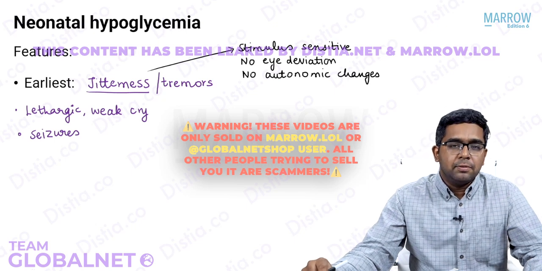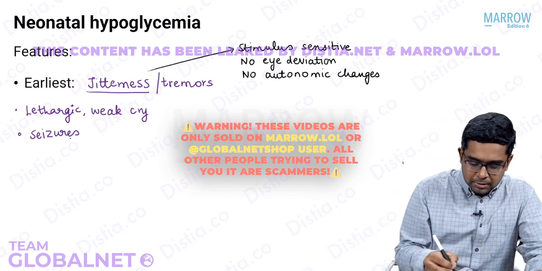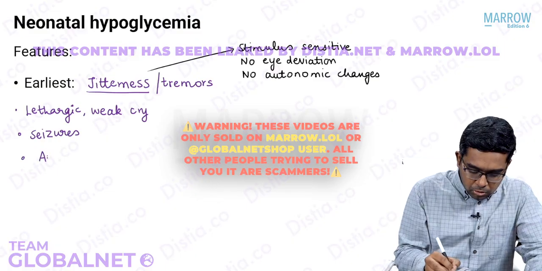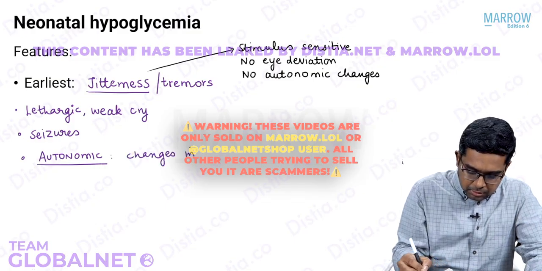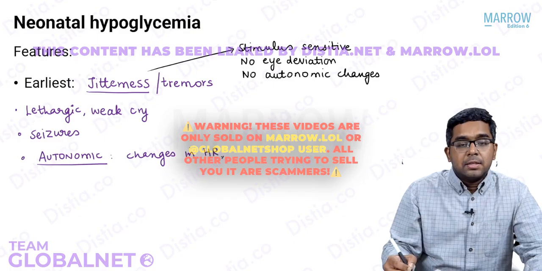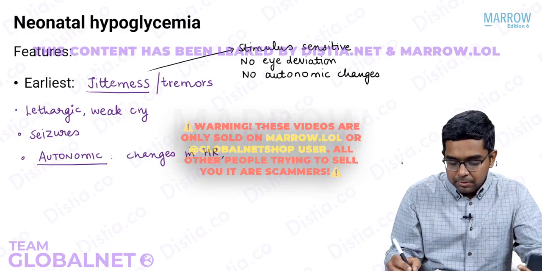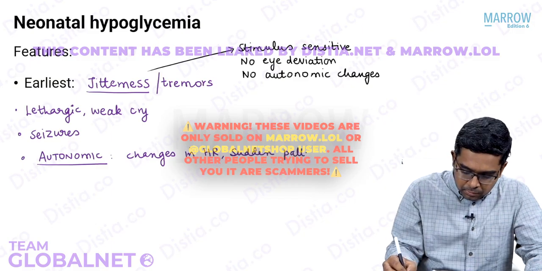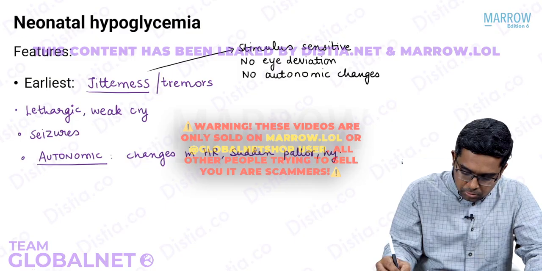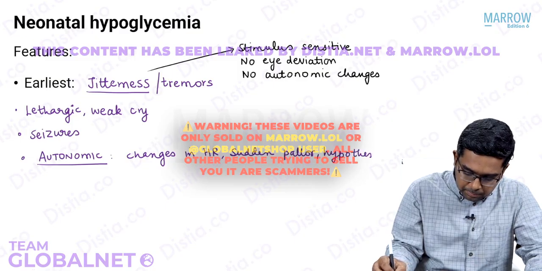The fourth important category of presentation is with autonomic changes. Autonomic changes include sudden changes in the heart rate, sudden change in the appearance of the baby, for example sudden pallor, or episodes of hypothermia.